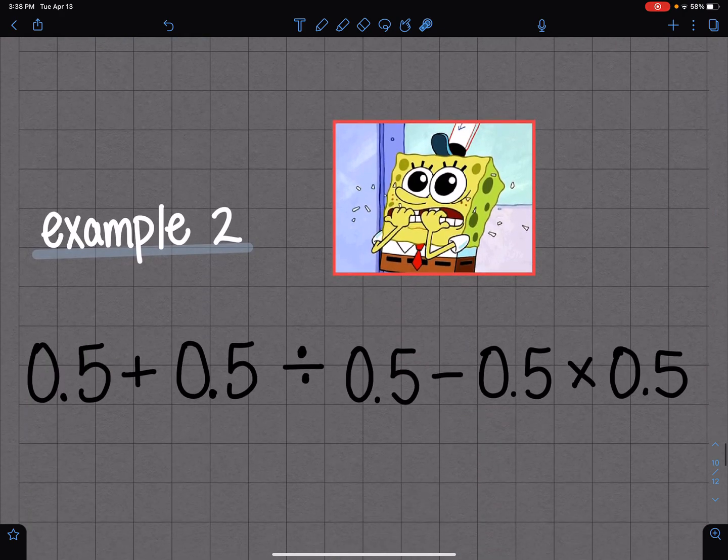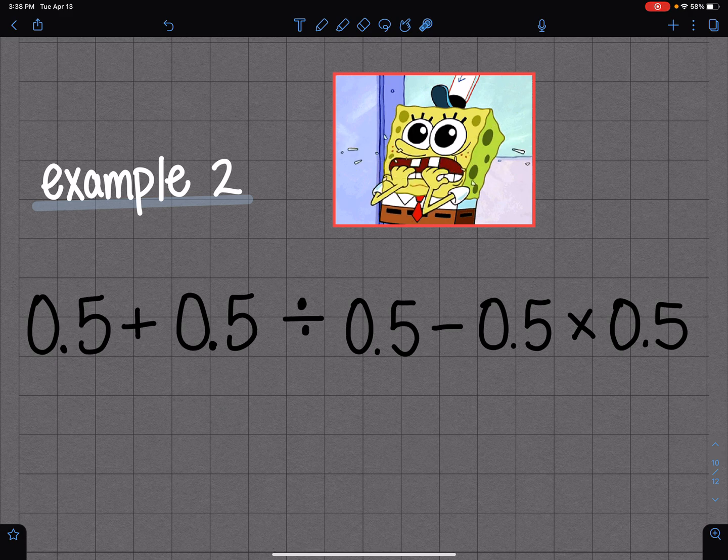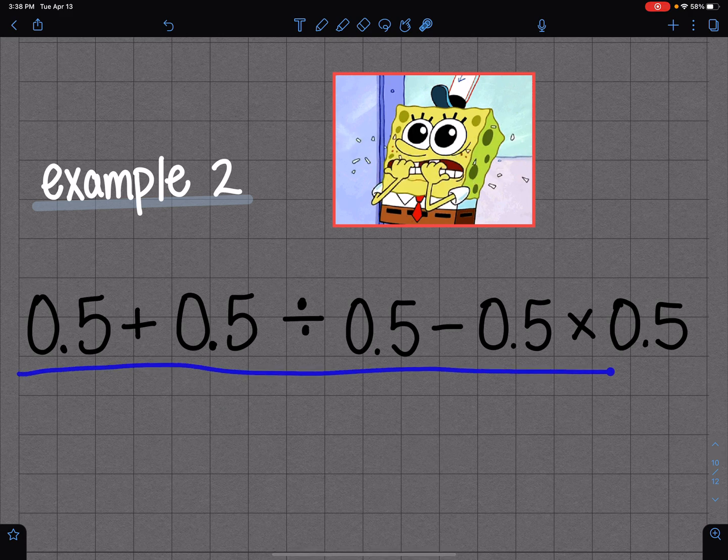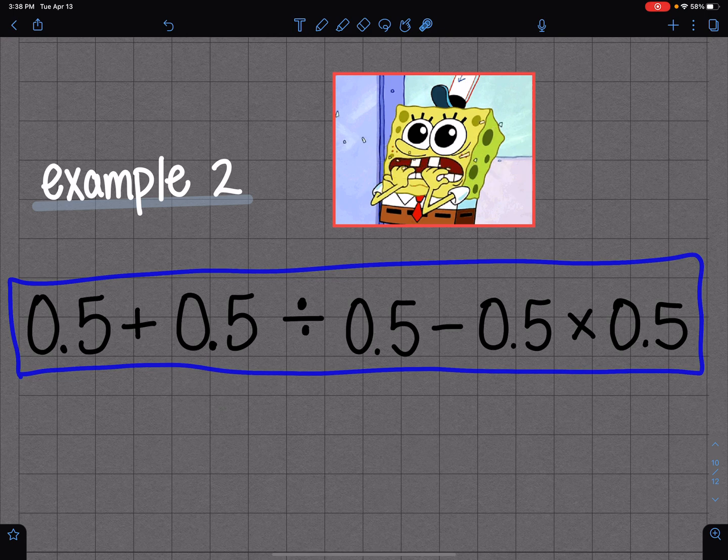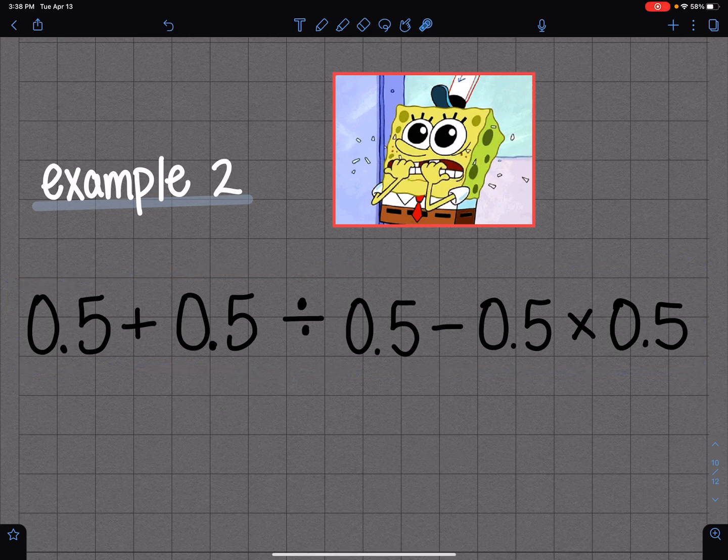Let's do example 2. You nervous now? Because this one looks really long. But it's not that bad if we remember the order of operations. The first thing we're going to do is look for parentheses. And I don't see any parentheses there, so we don't need to worry about that. The second step is to multiply and divide from left to right.